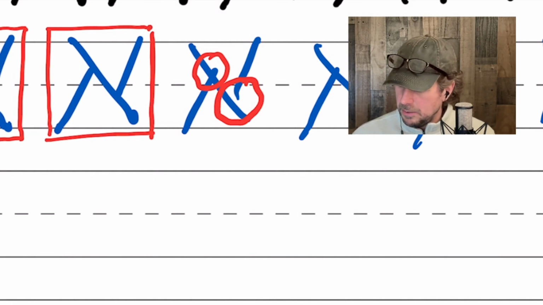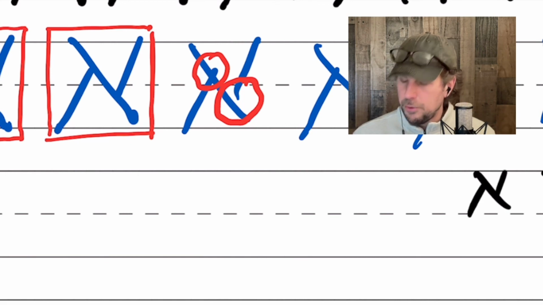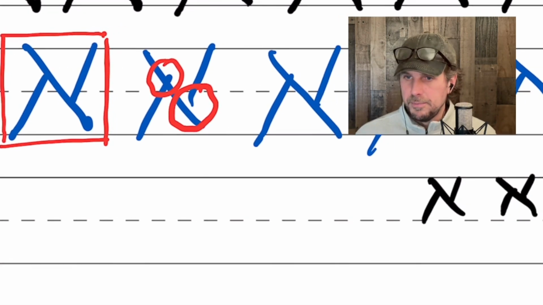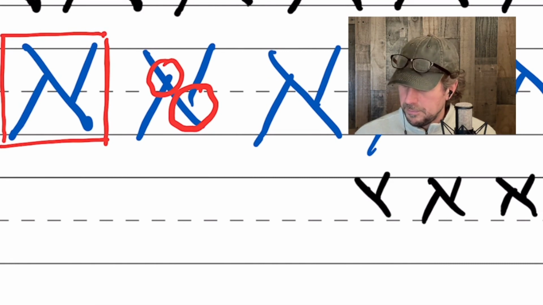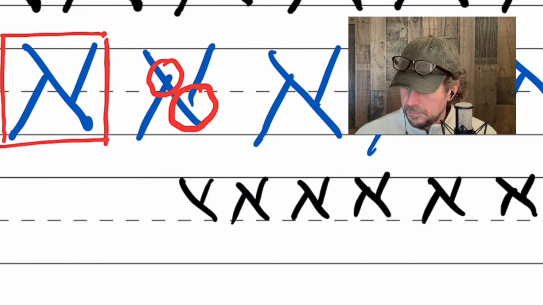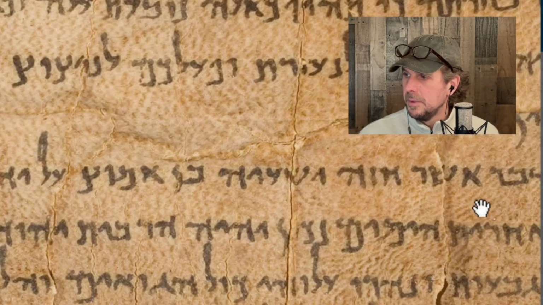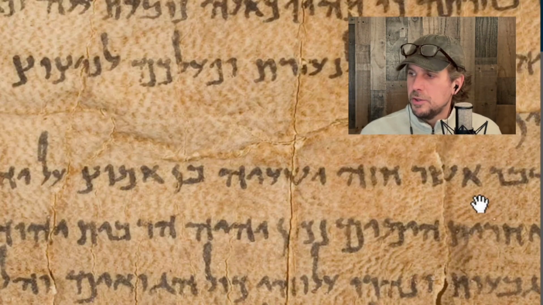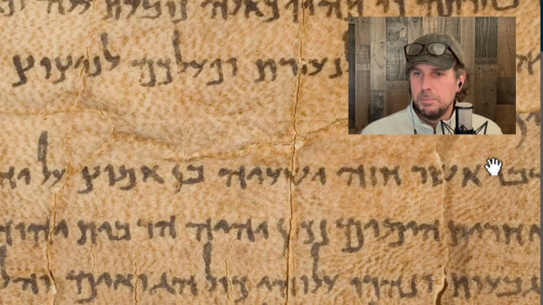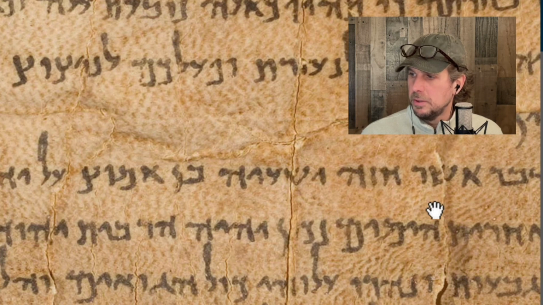And I'm just going to write it on a smaller line here. We see basically that. It's a 3-stroke Alef. Look back one more time. Right here. So the first stroke is the upper left to the lower right, and then we put the two smaller strokes in both cases.